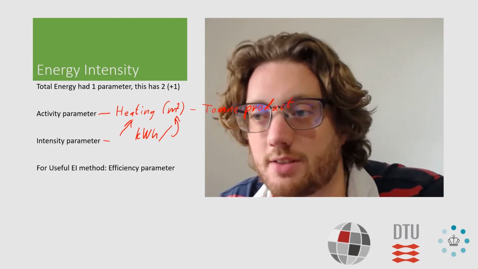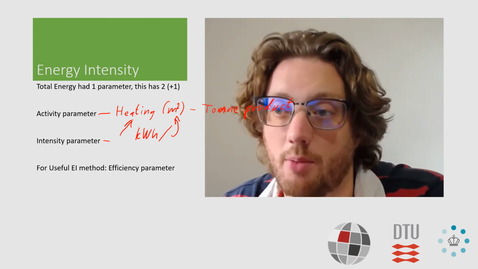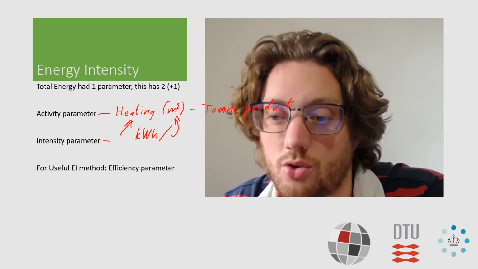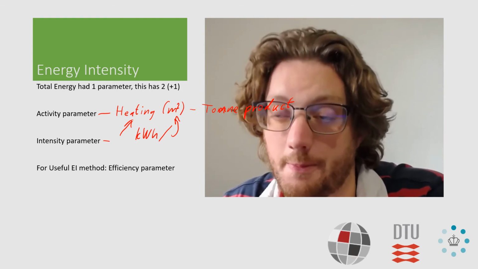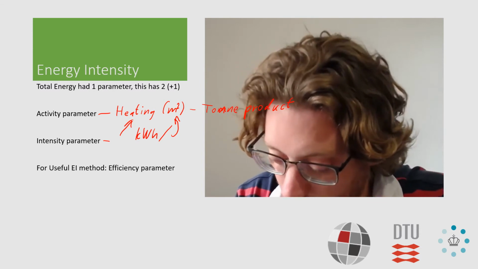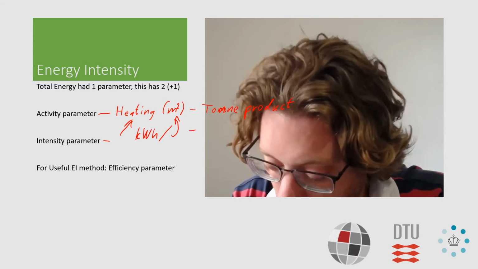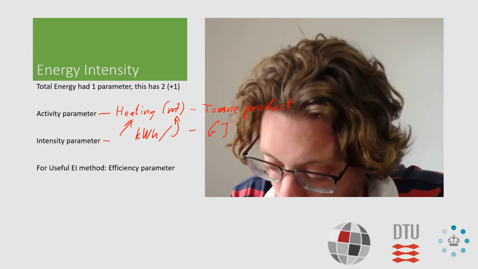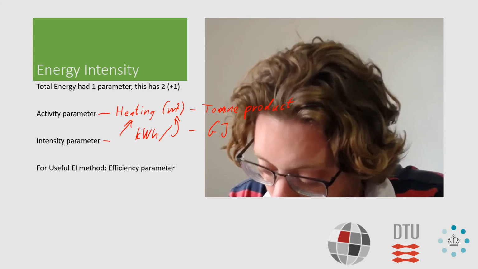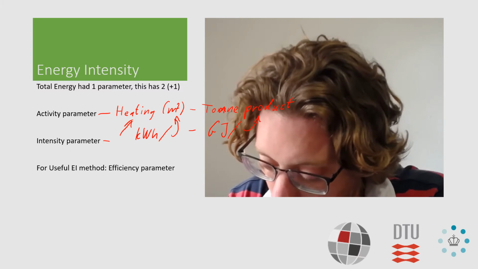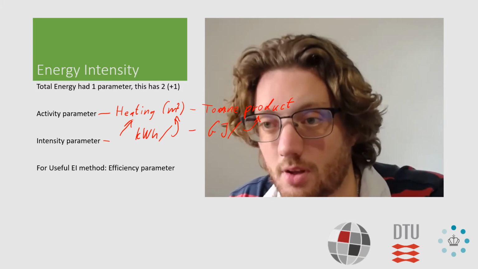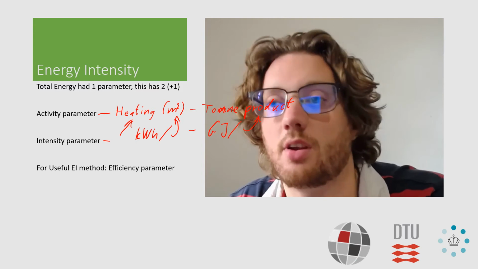So in this case, square meters. So that would be kilowatt hours to heat a square meter per year, and then we can work from that. And the same thing with the tons. That could also be gigajoules of producing a ton of the product that we need. So that's how the intensity is defined.